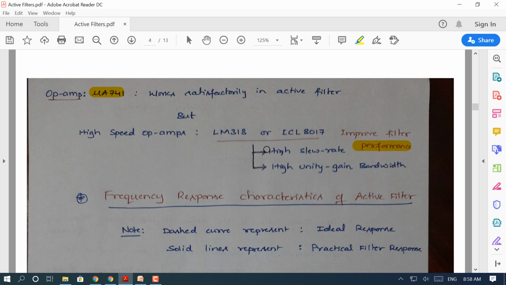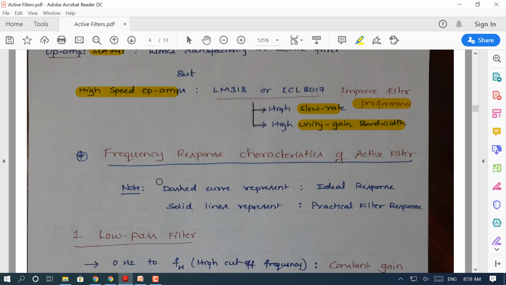The main advantage of these high speed op-amps is that they have a high slew rate and a high unity gain bandwidth. Because of these two features, these high speed op-amps can be employed in the construction of active filter circuits.